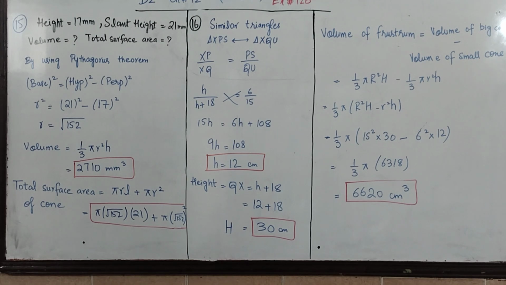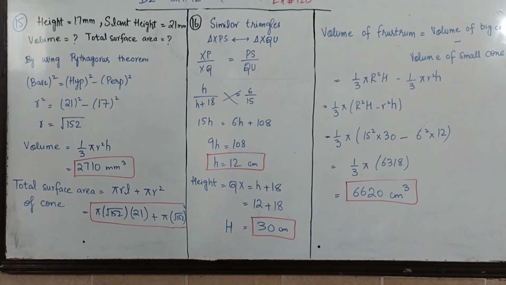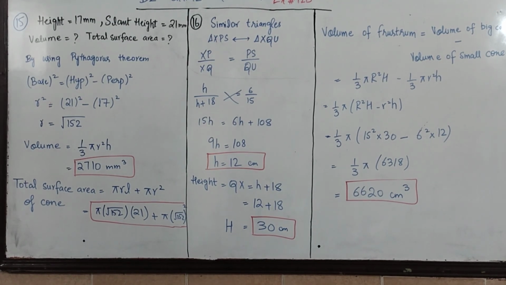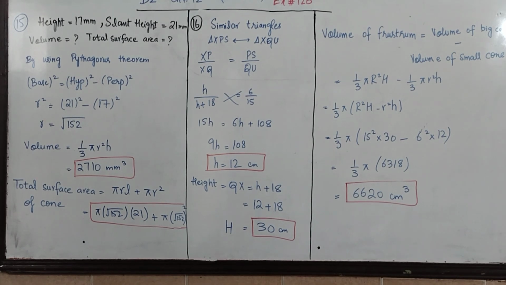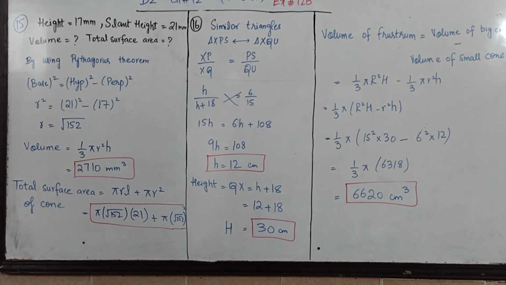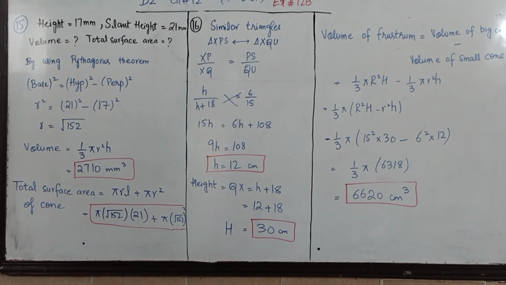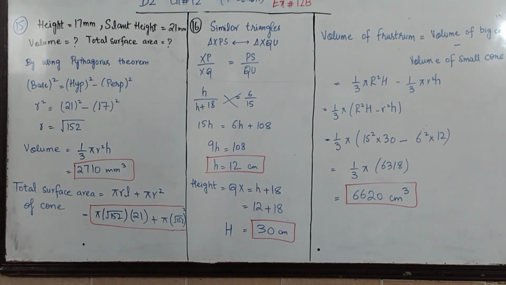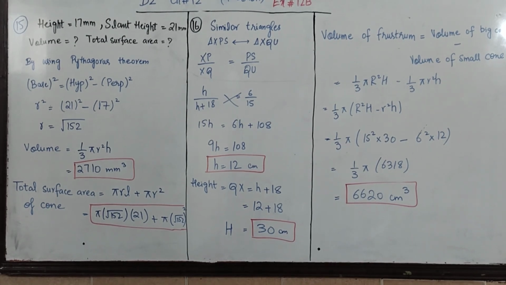The next is, what is XP? XP we don't know, so we put it H here, and XQ is H plus 18, and PS is equal to 16 and QU is equal to 15. Put the values and cross multiply and find the value of H. H becomes 12 centimeter. So we can find the height QX, which is H plus 18.